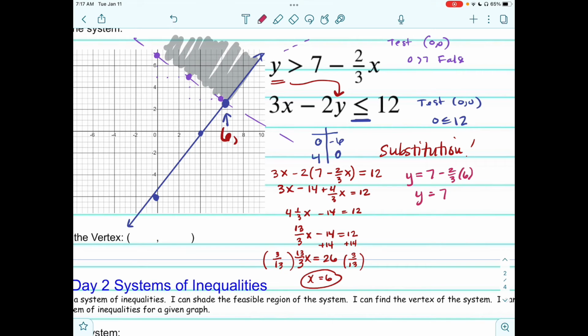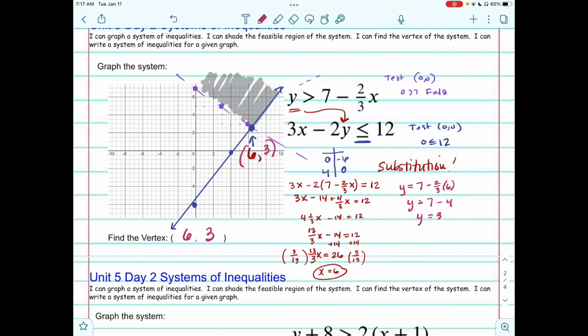Okay, so I'm just doing that idea of substitution for y equals 3. Okay, and again, my graph is a little off. It's not perfect, which is why I can verify using substitution or elimination. So my vertex is at 6, comma 3.